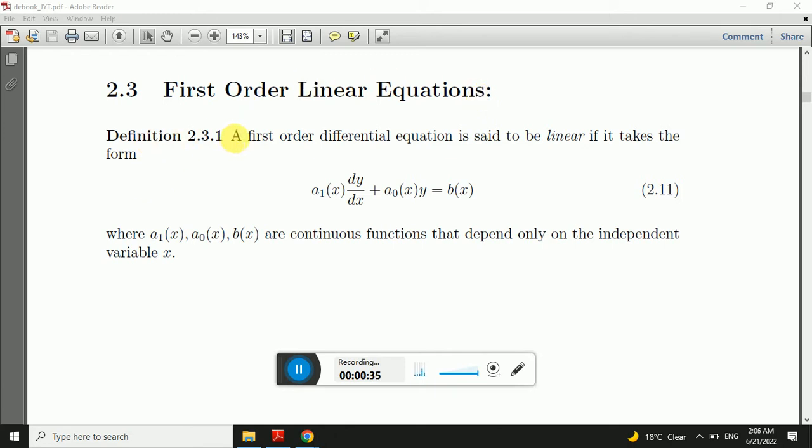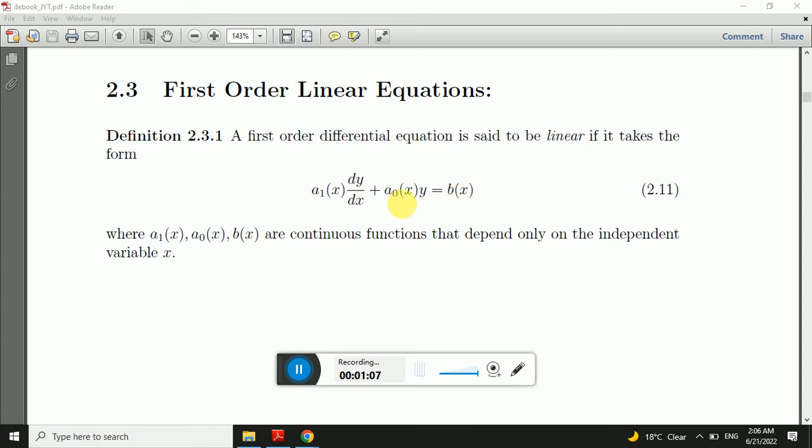So we begin with our first definition, where we say that a first order differential equation is said to be linear if it takes the form. I want you to critically look at this form in equation 2.11. So the form is a1 of x dy dx plus a0 of x y equals b of x.